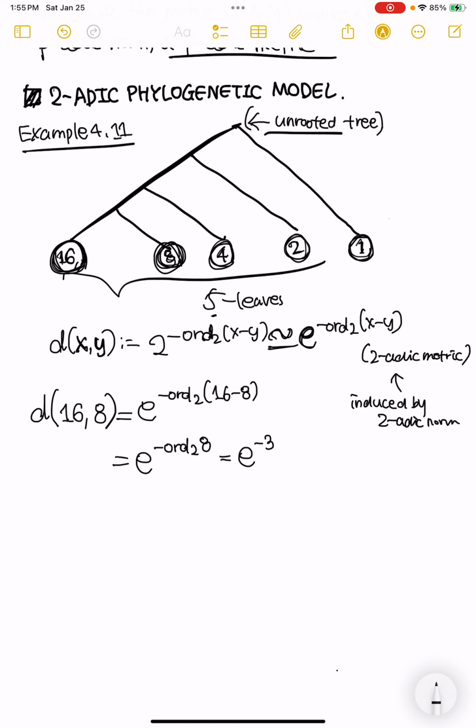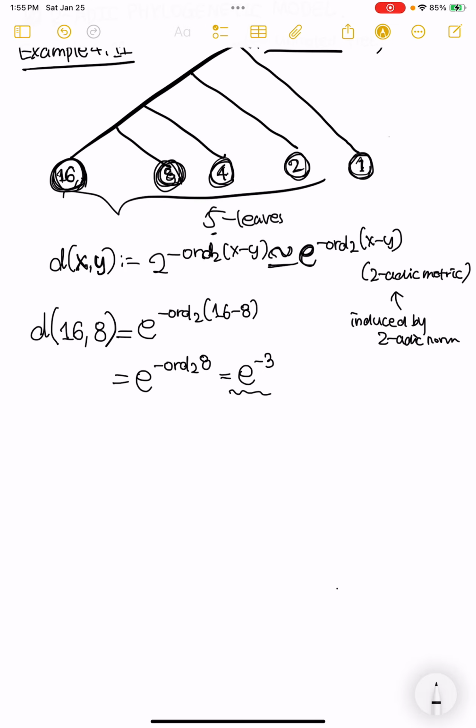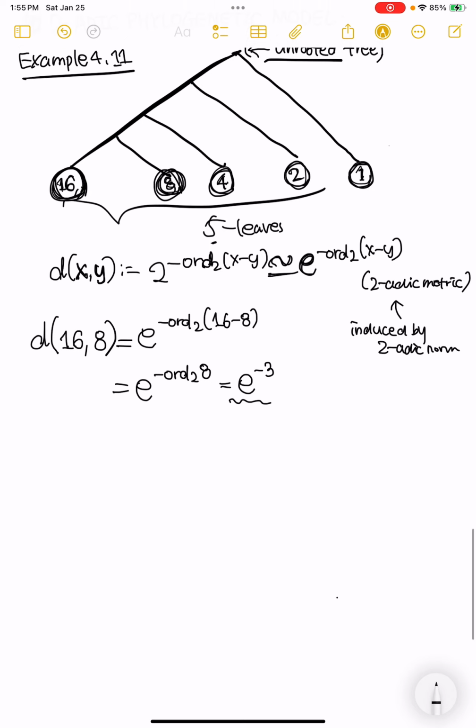So that is e to the minus 3. And based on this, we can compute the distance between two species.